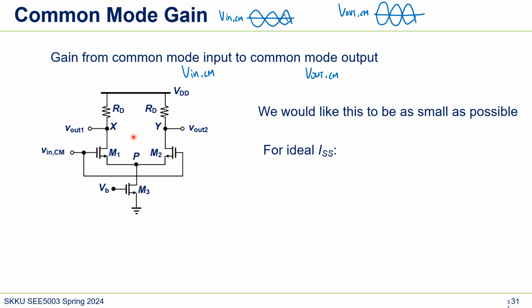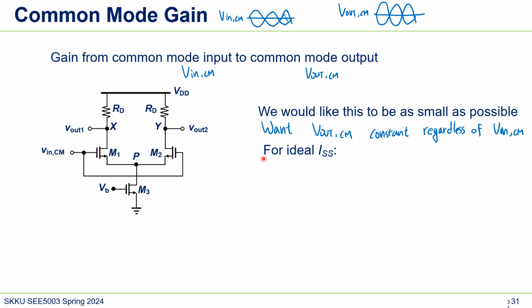So we don't want to change V out CM. We want V out CM constant regardless of V in CM. That's what we want, and also that's why we use this current source, right?